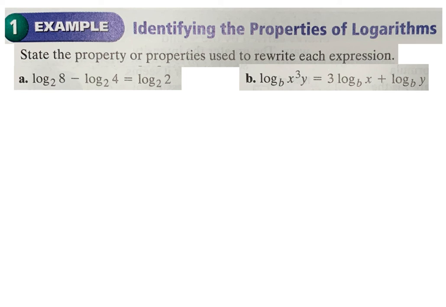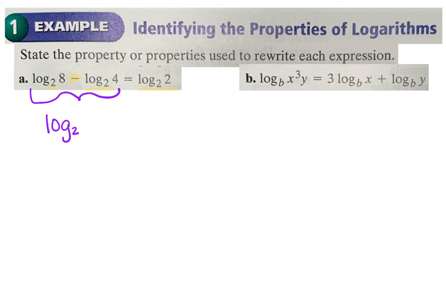Well, they started out with a subtraction, right? So we have a subtraction of 2 logarithms, and we ended up with 1 logarithm. Well, let's see what happens when we condense this guy. It's the same base, so I know I can apply these properties. So I can change this and say this is log base 2. My property for the quotient, right, division, my quotient property, says that subtraction can go to quotients and quotients can go to subtraction.